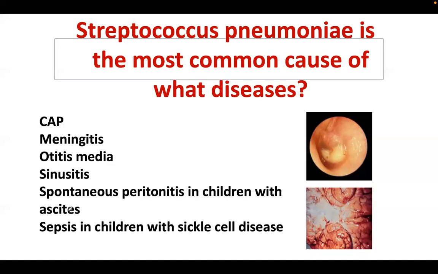Okay, so please pay attention, particularly for the community-acquired pneumonia, particularly if you hear the phrase lobar pneumonia, and if you hear the phrase rusty sputum. Otitis media, where you might encounter the phrase ear infection. And of course, sickle cell anemia sepsis.